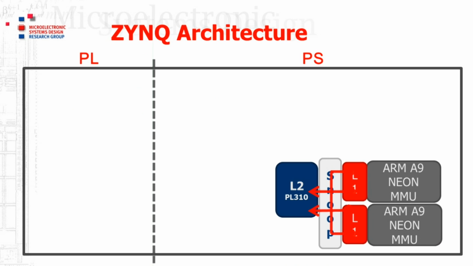For example, if both your CPU cores are running a task and the first CPU core is fetching a variable, updating that variable, and instead of writing back that variable, keeps it in its local cache, if the next CPU is going to use the same variable, the Snoop control unit understands that the first CPU has changed this variable, so it invalidates the entry of that variable from the caches of the second CPU, and it makes the first CPU also write back that variable to the DRAM memory so that the contents of the caches are completely coherent.